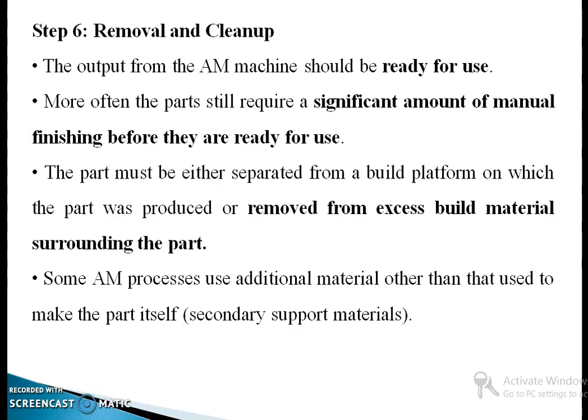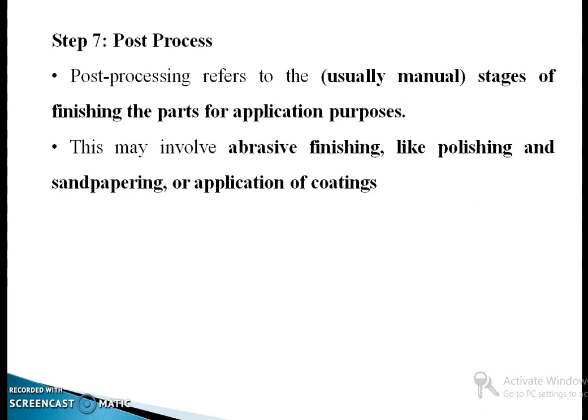So removal of extra material is done. Some AM processes use additional material, other than that which makes the part itself. Secondary support material is removed in this step. Since extra material is removed, cleanup is done over your finished product.